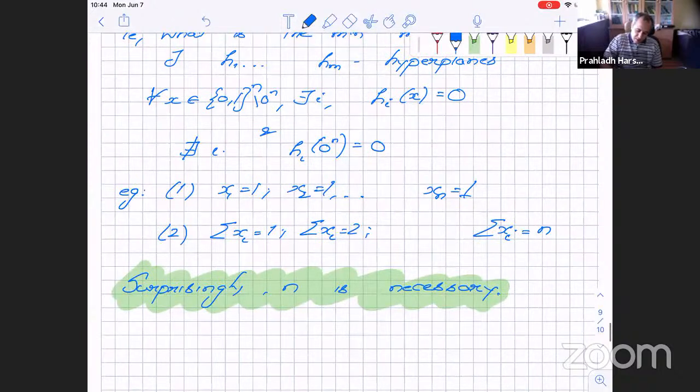Okay. The proof is via combinatorial methods.